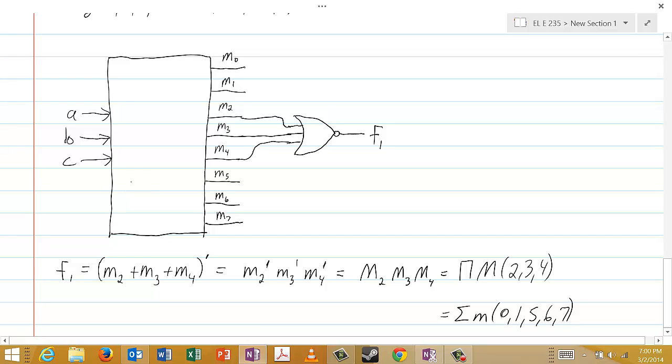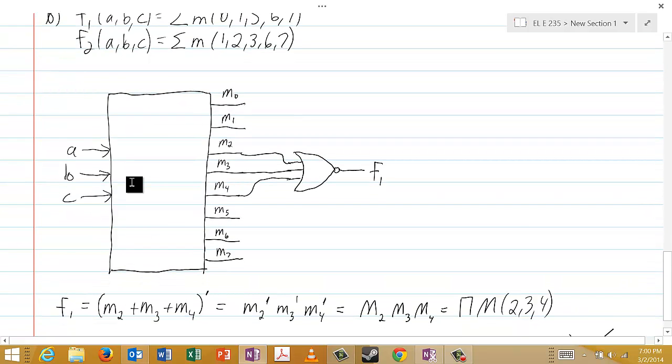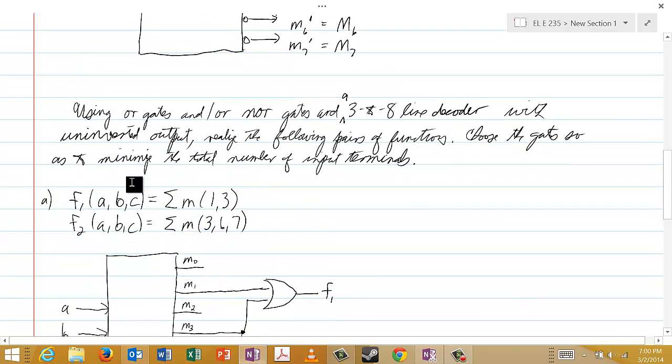So we have verified that the F1 that we get as a result of NORing together the minterms M2, M3, and M4 is indeed the correct F1. It is the same as the sum of the minterms 0, 1, 5, 6, and 7. And once again, this way of getting F1 is preferable given the conditions of this problem.